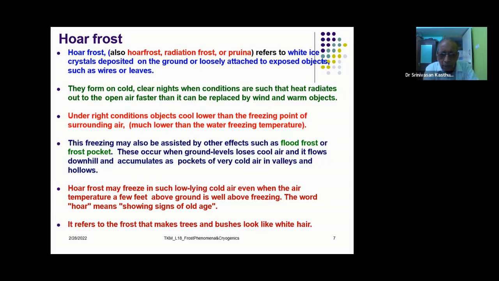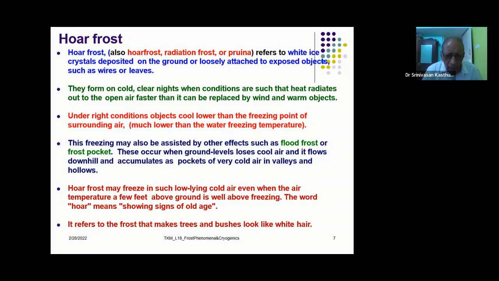When there is not much disturbance by wind, zones suddenly get cooler. Under the right conditions, objects cool lower than the freezing point of the surrounding air, much lower than the water freezing temperature. This freezing is also affected by other effects such as flood frost and frost pockets, etc.